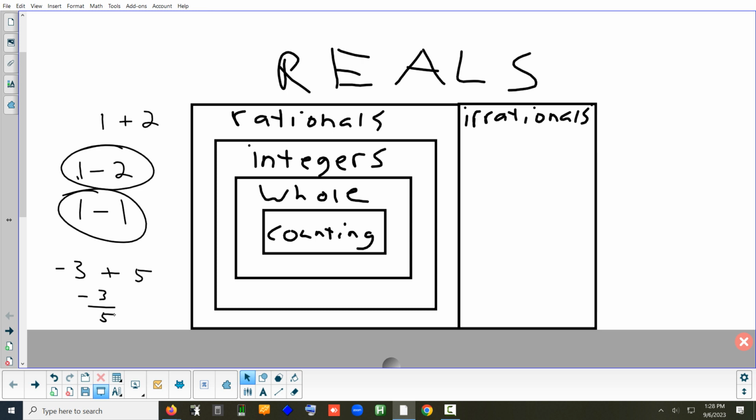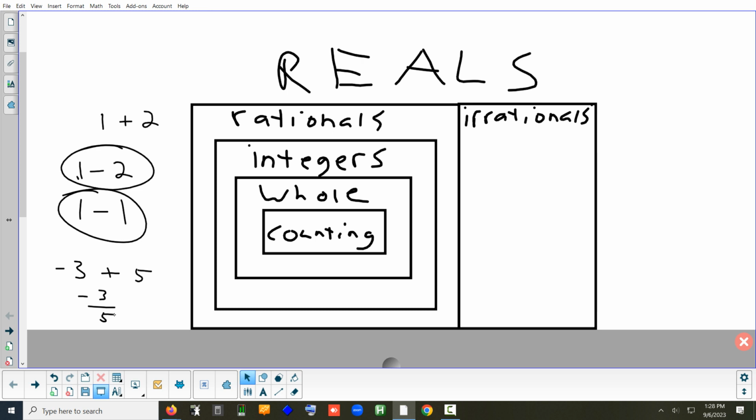So that's like me saying, here's 3 objects. I want to divide them between 5 people. Well, I can't. I can't take 3 objects and divide them among 5 people unless I start breaking them into pieces and I give everybody equal parts. So that's where rational numbers come in. Rational numbers include everything that integers do plus fractions and decimals.